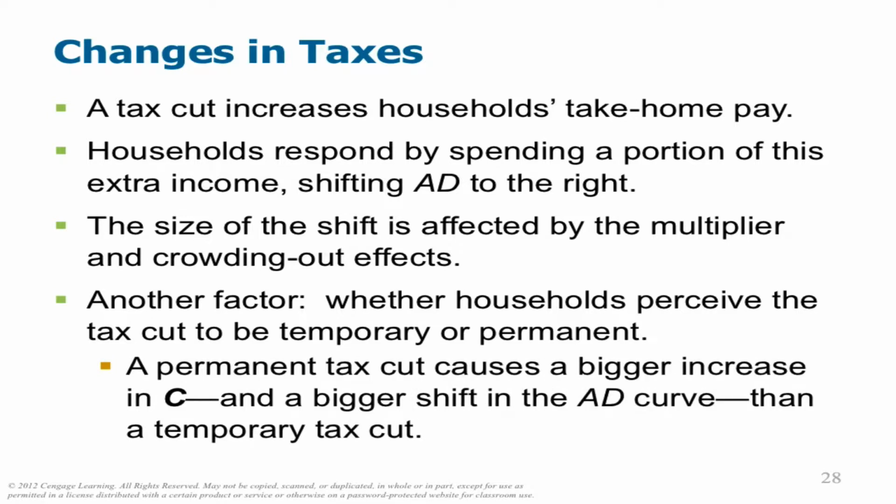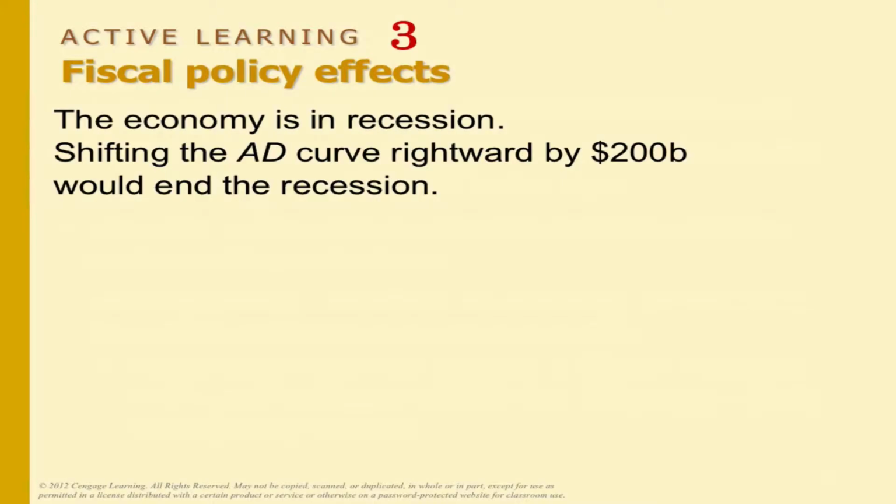A permanent tax cut makes people feel wealthier and increases their consumption by a larger amount. So the more the consumption curve shifts, the more aggregate demand increases, and the better the effect that Congress was hoping for.